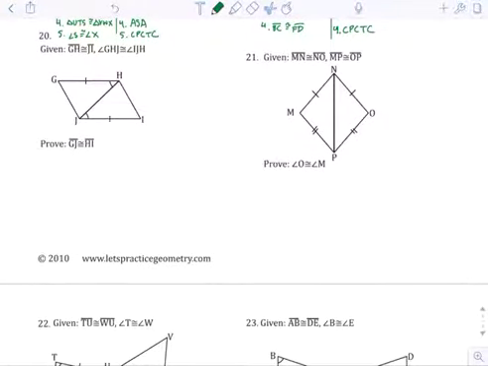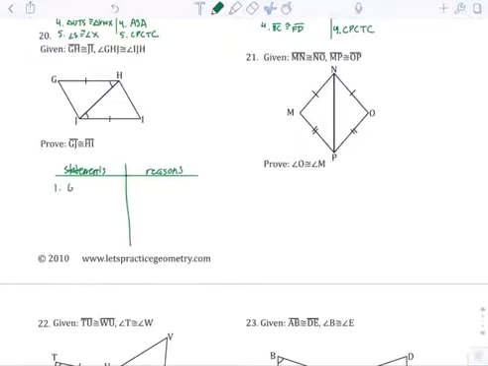Number 20. Okay, so we got statements and reasons again. Statements, reasons.